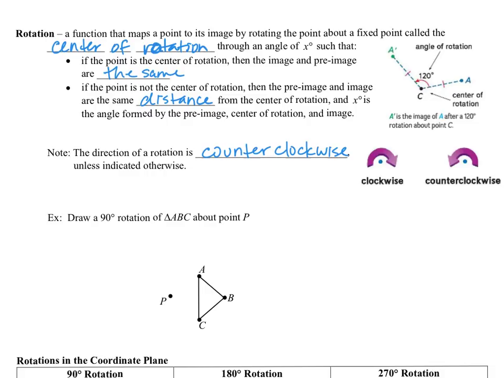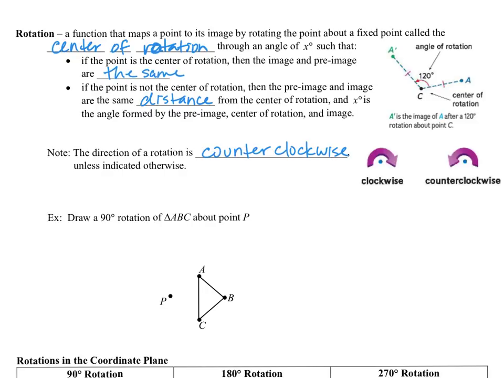If you look at the face of an analog clock, this is the direction that the hands go. That's called clockwise direction. If we go in the opposite direction, that's counterclockwise. So that's how we'll always rotate unless told otherwise.